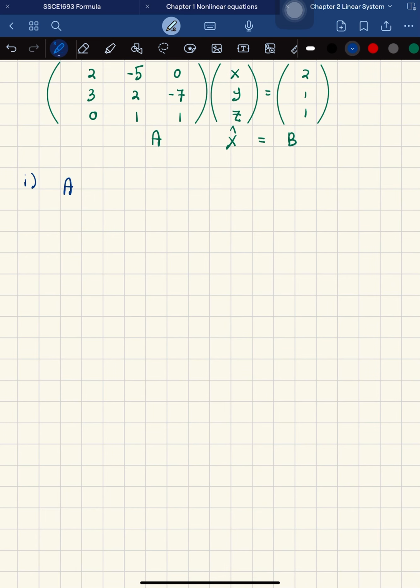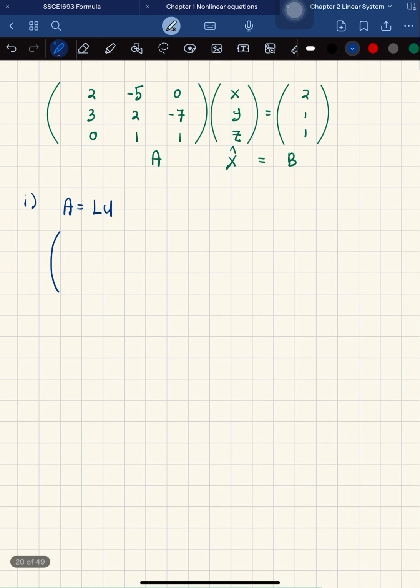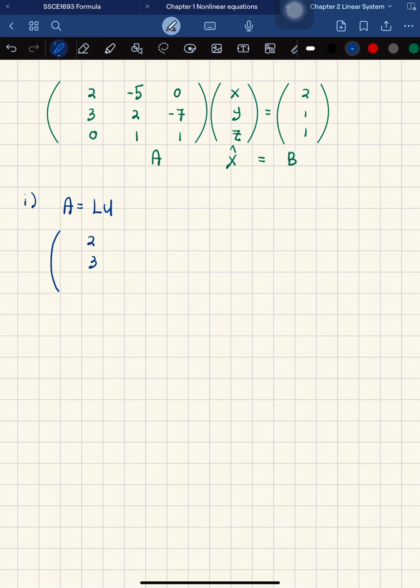A equal to LU. So the matrix A, 2, 3, 0, 1, equal to LU.